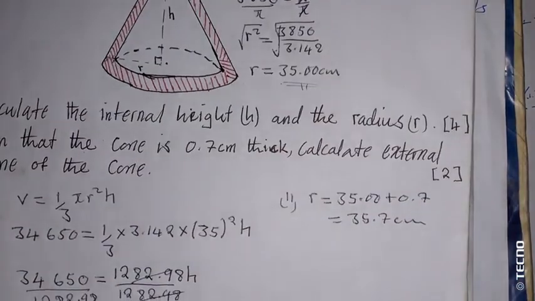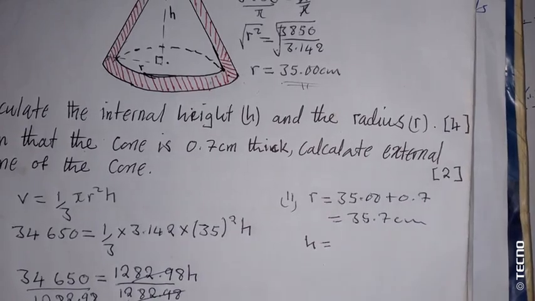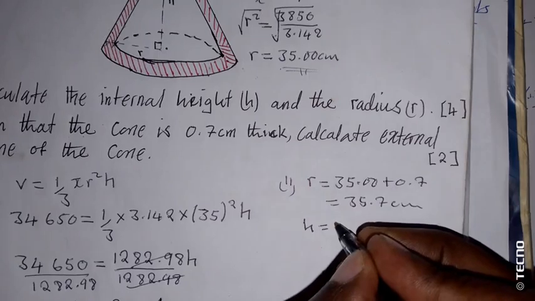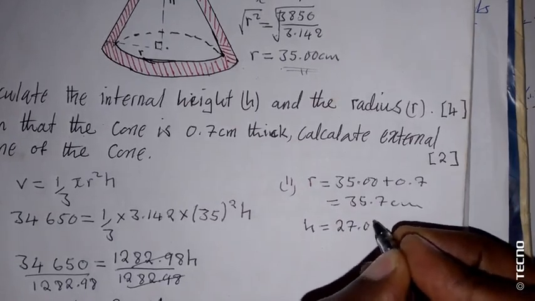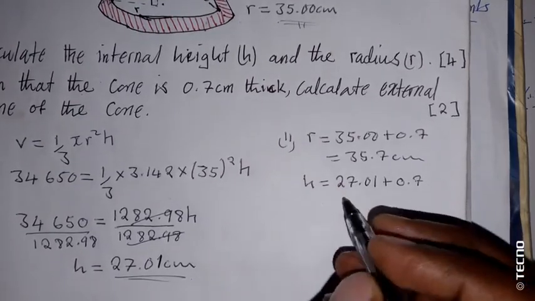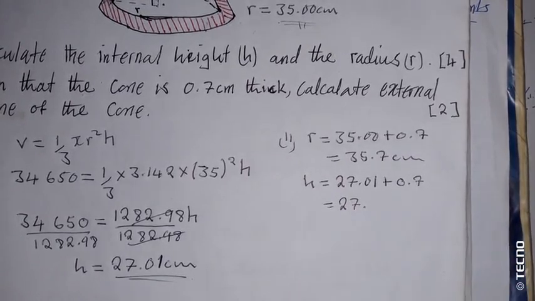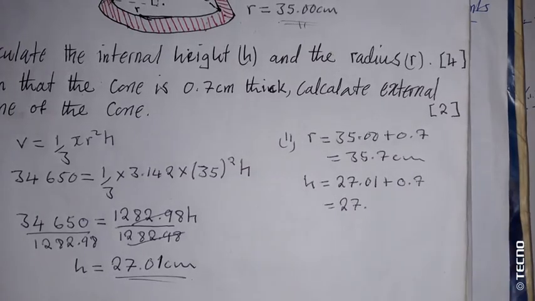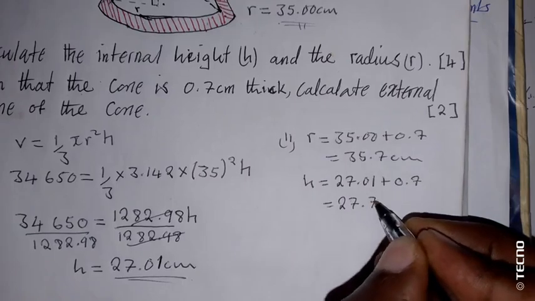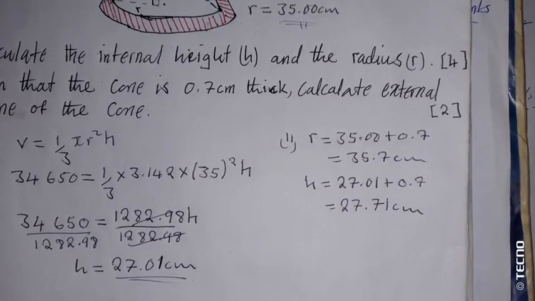Then our height, which is 27.01, plus 0.7. This will give us 27.71 centimeter. This is what we have.